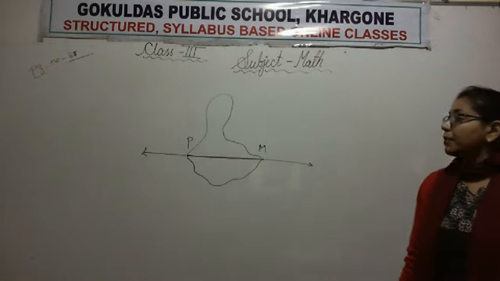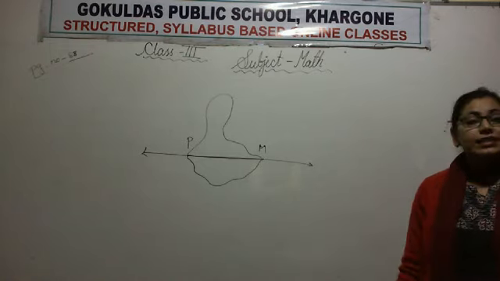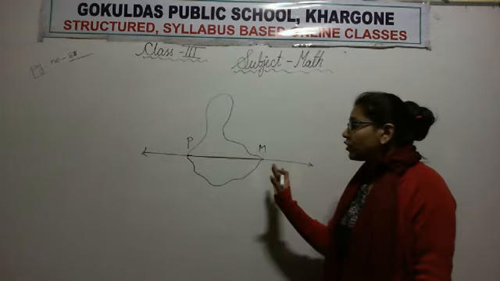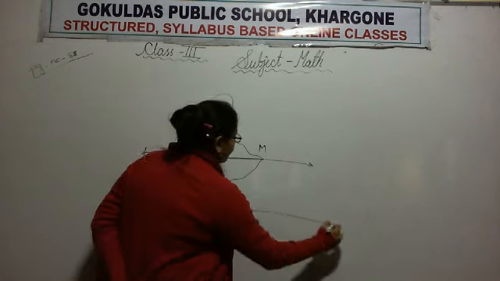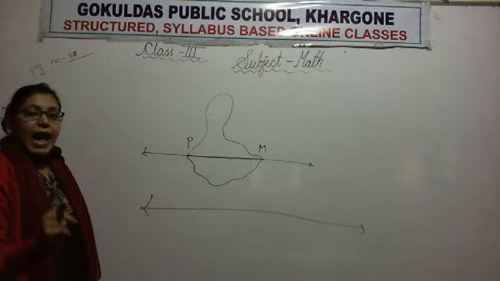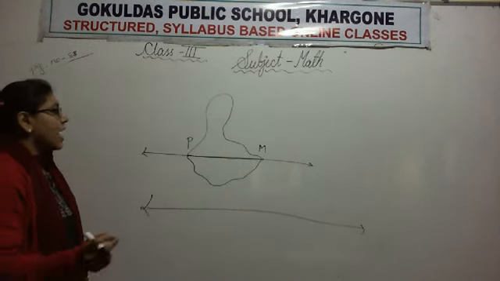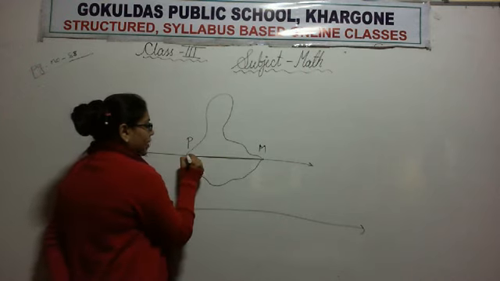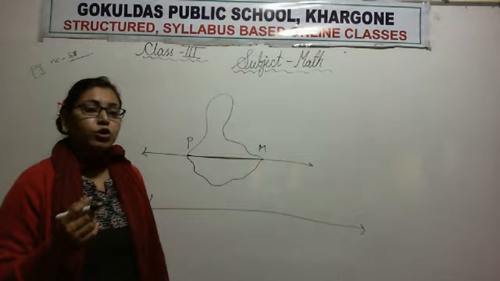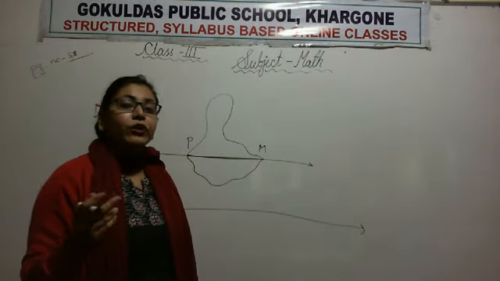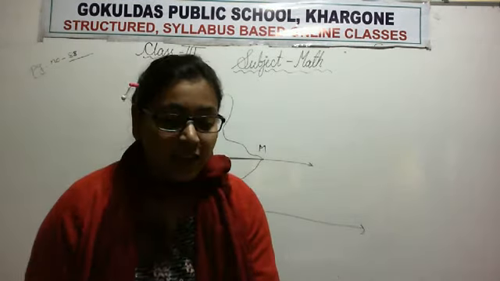Now what is the method of making a line segment of a particular length? A line may be of infinite length, but a line segment has some fixed length. Now if I tell you to make a line segment of 5 centimeters, how will you make it?